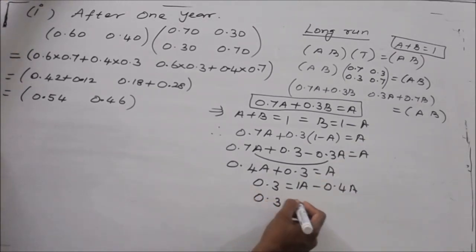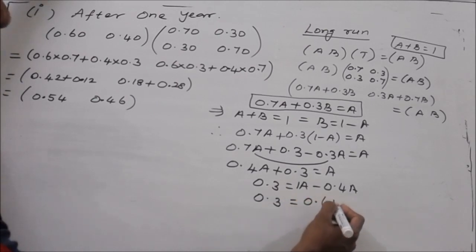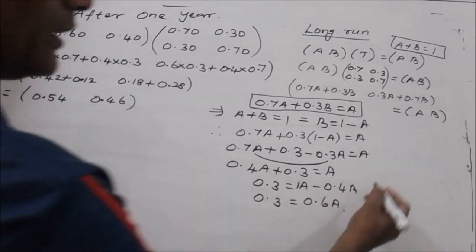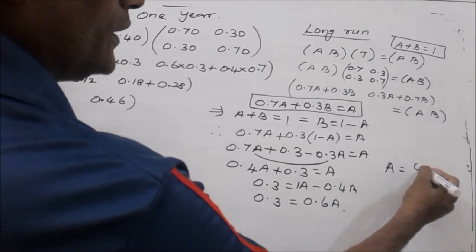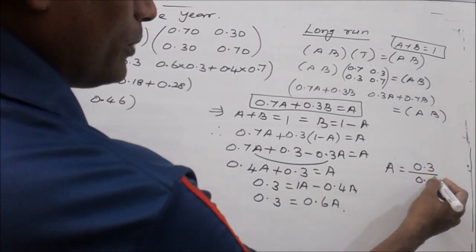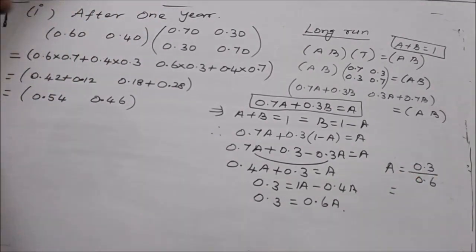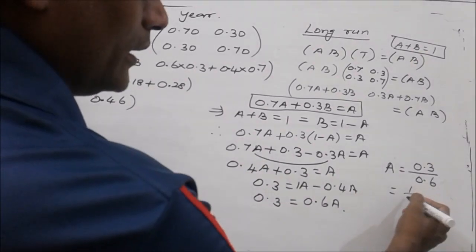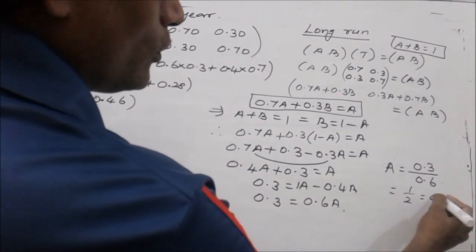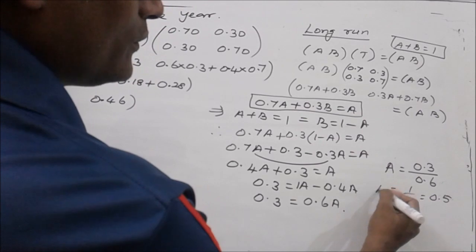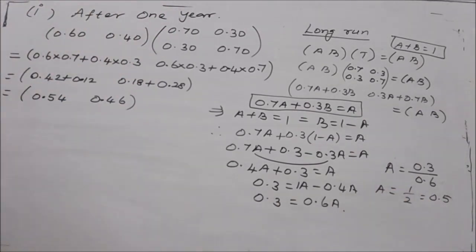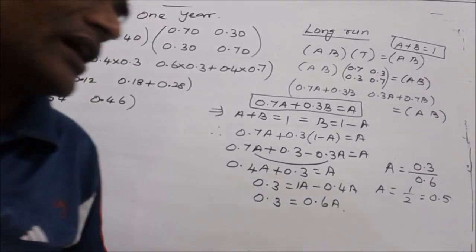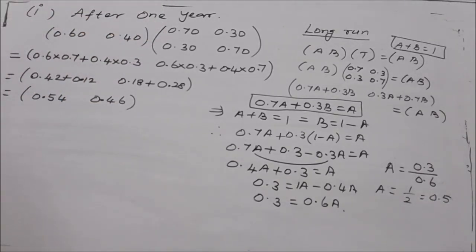So 0.3 equal to 0.6a, which implies A equal to 0.3 divided by 0.6. That will be equal to 1 by 2, that is 50%, 0.5. So in the long run, when the equilibrium is reached, 50% of the commuters will use the transit system.